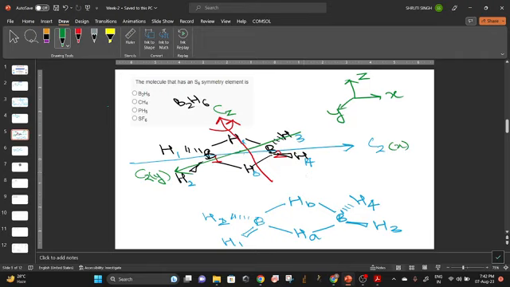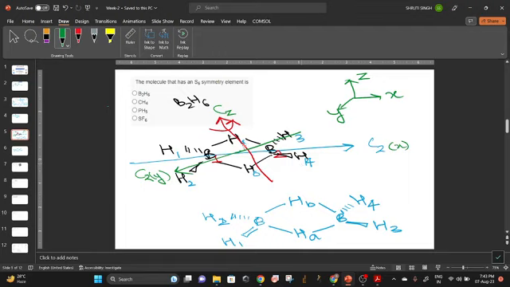Everything will change and everything will reflect. Like 4 will go to this place, B1 and B2 will get exchanged, HA and HB will get exchanged. Okay, so we have found 3 C2s in here.